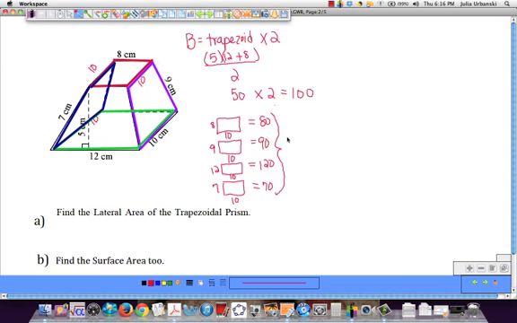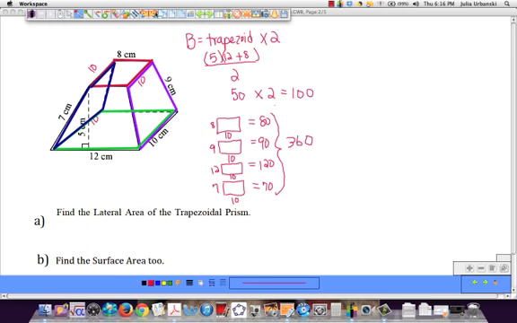So, all these side pieces together add up to 360. So the lateral area is 360. And you want to mark that as centimeters squared because it's area.